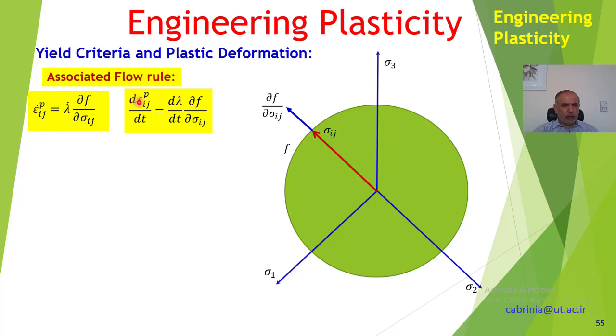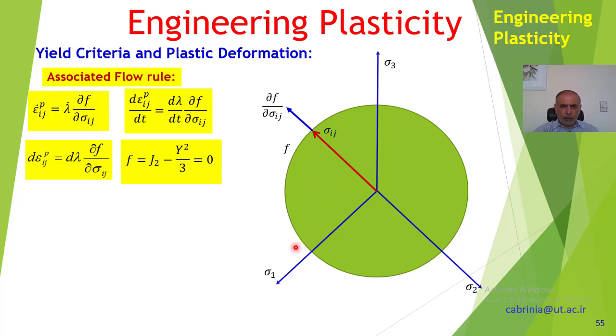We can write this like that. The d epsilon ij p over dt, d lambda over dt, partial f over partial sigma ij, and then this dt with this dt cancels out, and we get the same thing that we had before. So this has come from this part, okay? The flow rule is this, and we have shown it in this way and cancelled out dt, and we get this equation which we showed you before.